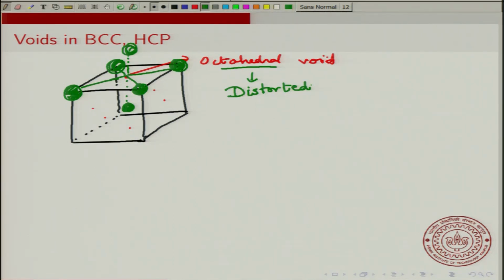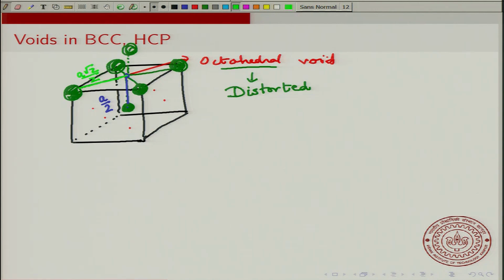The reason we say it is distorted is because of this length; let me show this side in a different color, in blue. The distance of this void to this atom is a by 2, whereas the distance to any of these atoms is a root 2 by 2.